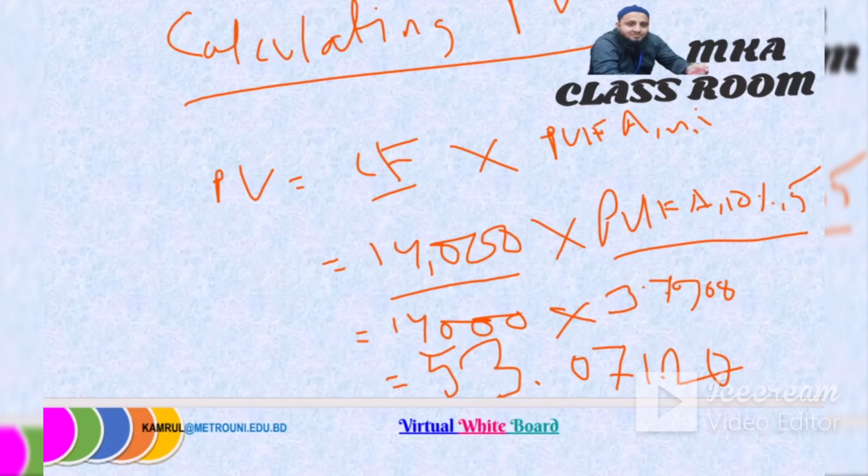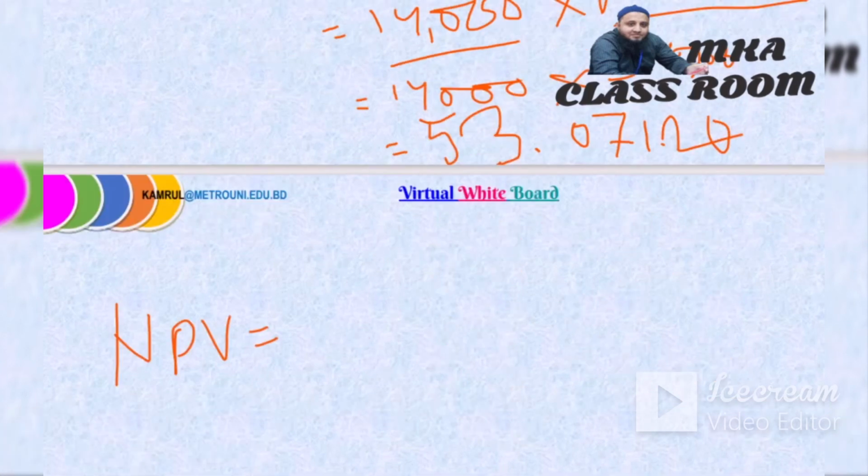So it is easy for us to calculate the NPV now. NPV equals total present value minus our initial investment or cash outflows. So here we see 53,071.2 minus 42,000.